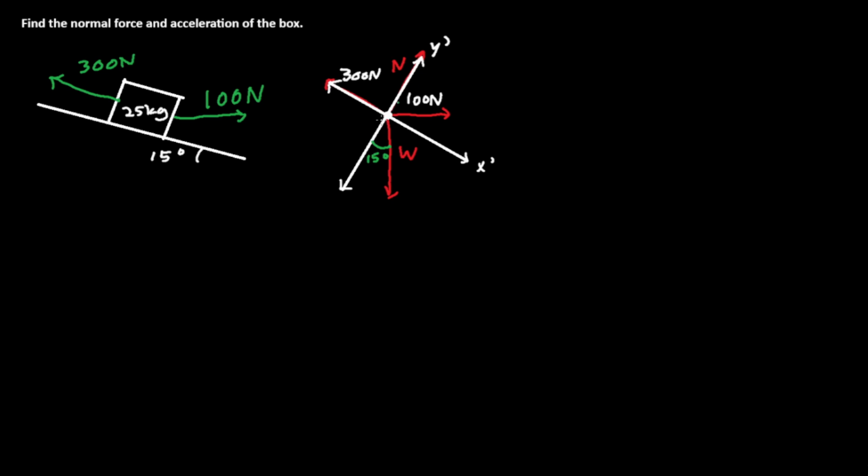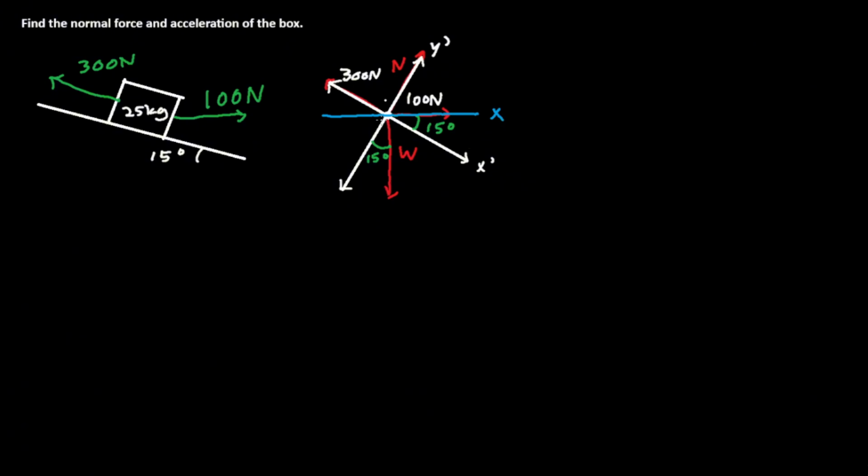We also don't know this angle between the x prime axis and the 100 newtons force. Well, if you use just a little bit of logic, you'll be able to conclude that this right here is 15 degrees. The reason is that since this goes straight to the right, this is the old x-axis, but the plane was rotated 15 degrees.